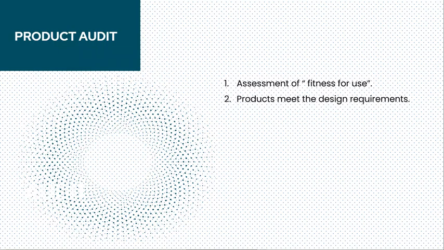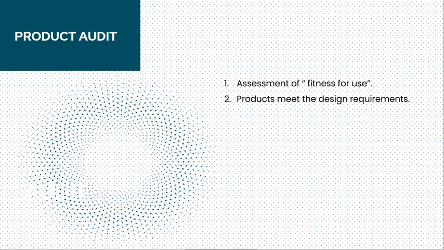Let's say 5 kilometers you can write. So I might want to put this on a machine and keep on checking how long I can write with this pen. And then it is a product audit. Here, my focus is on the product and I'm checking whether the product is meeting the specifications or not.